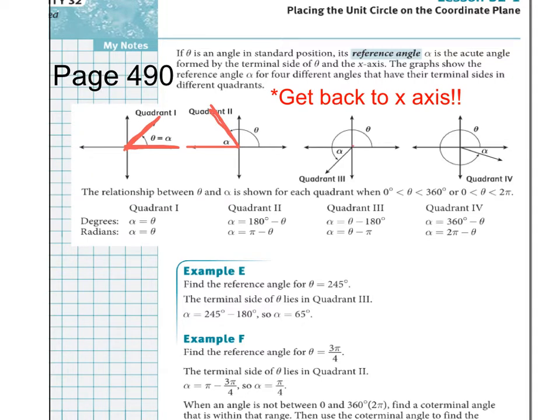If you had an angle that terminated in quadrant 3, its reference angle to get back to the x-axis is going to go back up to the 180 like that. And if you're in quadrant 4, the angle terminates somewhere down there. The actual big angle, you see theta, but the reference angle which we will use is actually this little acute angle. Let me do a couple examples with some numbers, and then we'll talk about what this does for us.